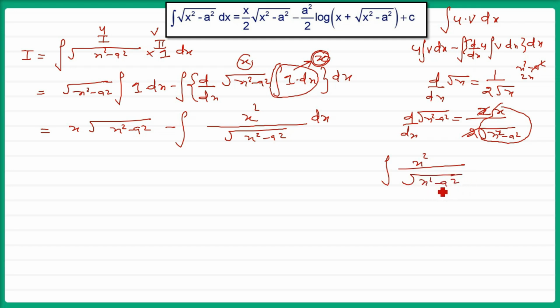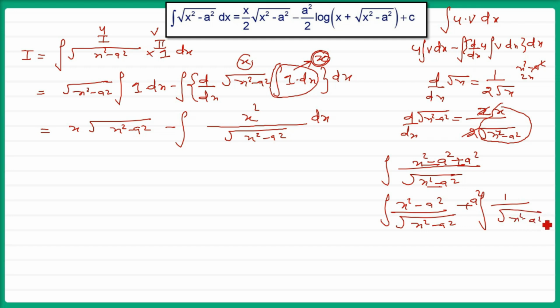For that you have to add and subtract a square. Now separate these two terms out. x square minus a square divided by under root x square minus a square will be the first term, and then we have a square divided by under root x square minus a square. I am taking a square outside the integral, so 1 by under root x square minus a square remains inside.